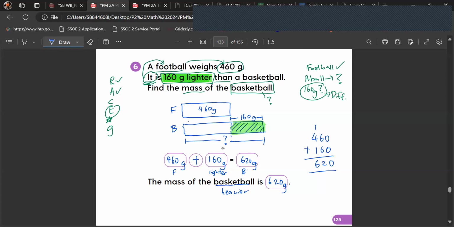The basketball is going to be the heavier object, so the number for the mass of the basketball should be a bigger number. Okay? And then I can put the football here, 460 grams, and add up with the extra 160 grams. That's how you found out the basketball's mass. Is that okay? Now, let's move on.